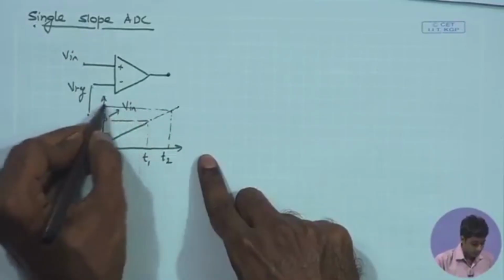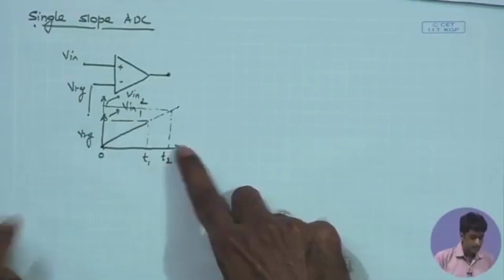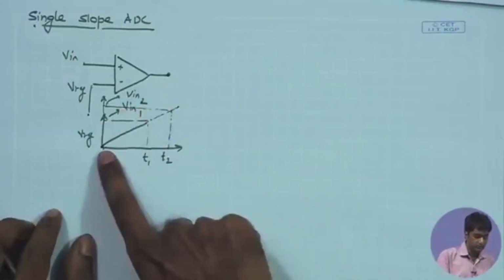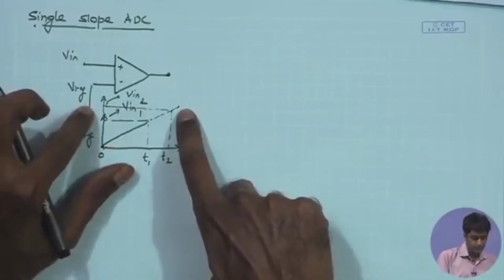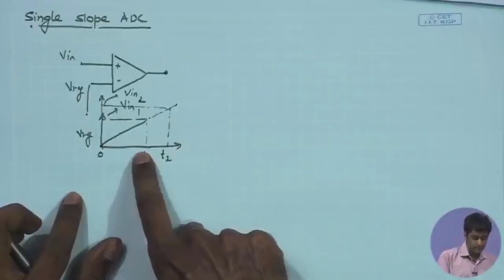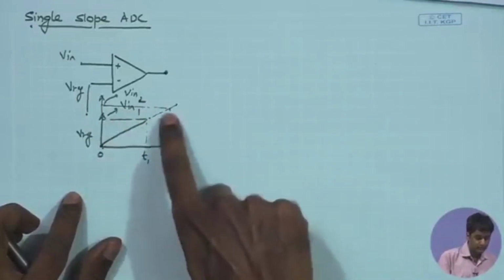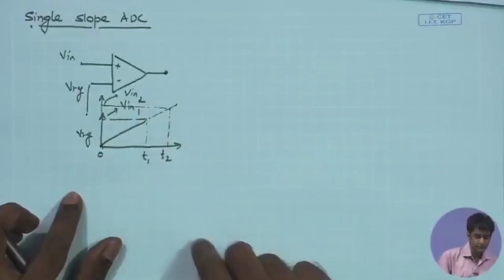If I say that this is your V in 2 and this is V in 1, if V in 2 is greater than V in 1, then of course, we can see that if I assume that the slope of the Vref is constant, the T2 will be linearly related to T1, and as V in goes on increasing, we will have T2 proportionally increasing, exactly proportionally increasing with respect to V in.